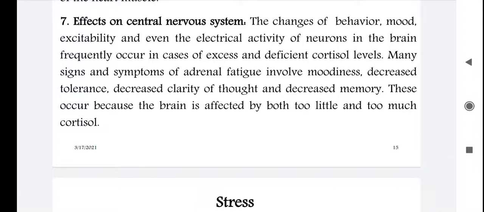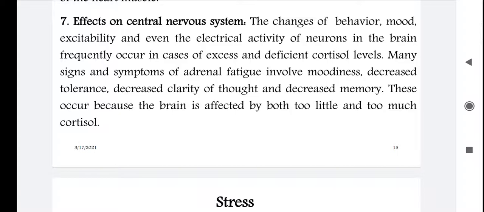Cortisol has an effect on the central nervous system. Changes of behavior, mood, excitability, and even electrical activity of neurons in the brain frequently occur in cases of excess and deficient cortisol level. Many signs and symptoms of adrenal fatigue involve moodiness, decreased tolerance, decreased clarity of thought, and decreased memory.